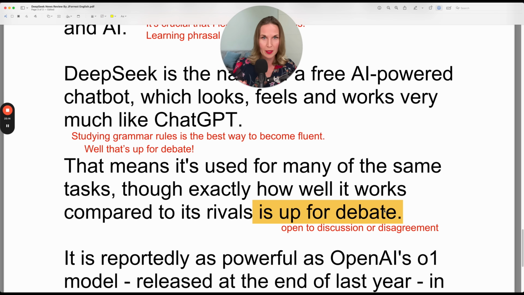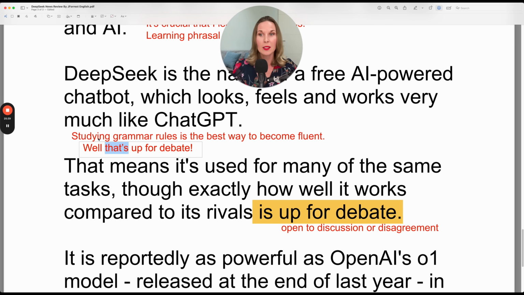Up for debate. We commonly use this if we want to say that you don't agree with someone's statement or opinion. For example, if someone says, studying grammar rules is the best way to become fluent, and you want to share that you don't think that's true, you can say, well, that's up for debate. That's up for debate.